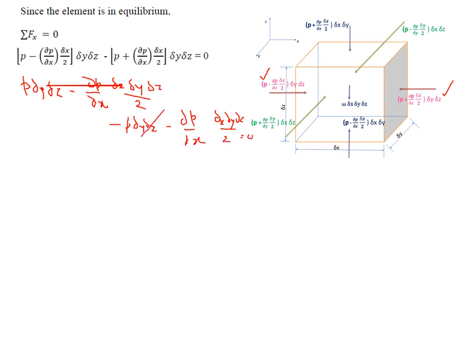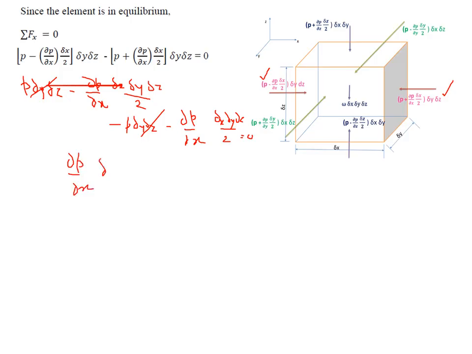So this gets cancelled out, and you are left with minus and minus. ∂P/∂X is common, so ΔX ΔY ΔZ by 2 plus ΔX ΔY ΔZ by 2 will be ΔX ΔY ΔZ. Therefore it will be ∂P/∂X.